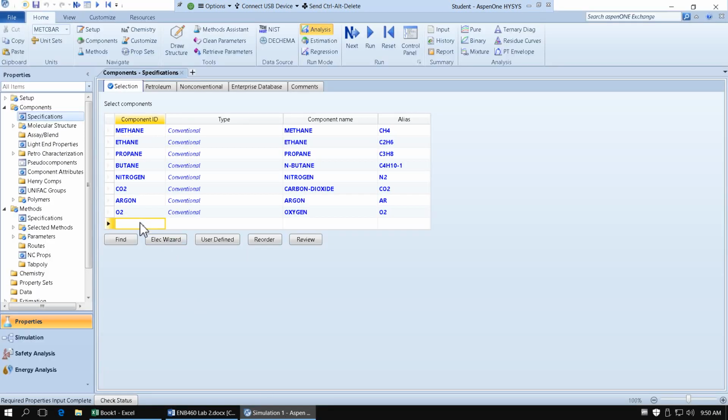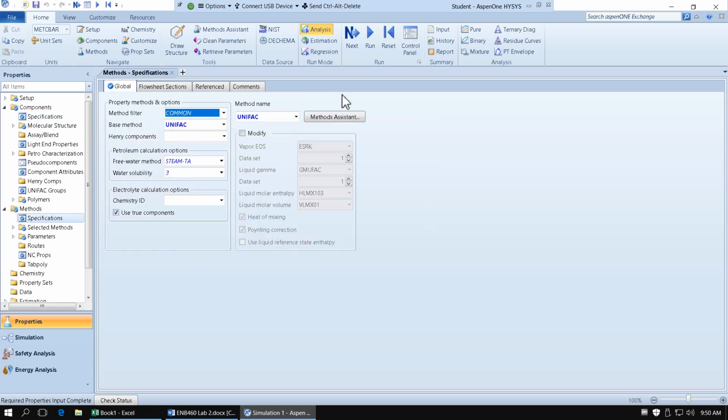So we'll just do that, water, and that's all good. And now that we have our components, we'll just go briefly to methods, and we'll still use Unifac as a method for calculating our properties. That's fairly easy. Now let's go to simulation.